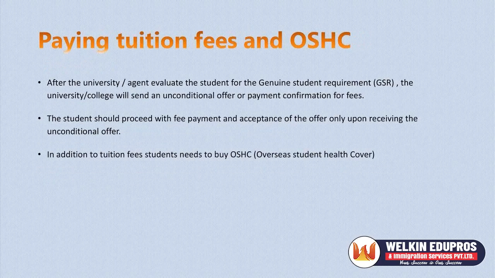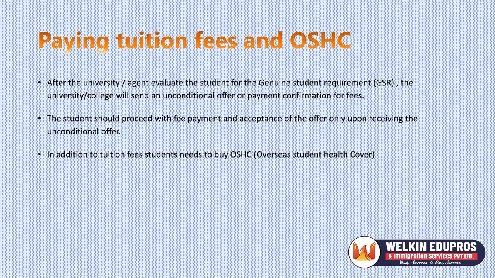Once the student has cleared the JSR, the next step will be to pay the tuition fees. After that, the student will get an unconditional offer letter or confirmation of fees. The student should proceed with the fees payment and accept the offer only upon receiving the unconditional offer letter.